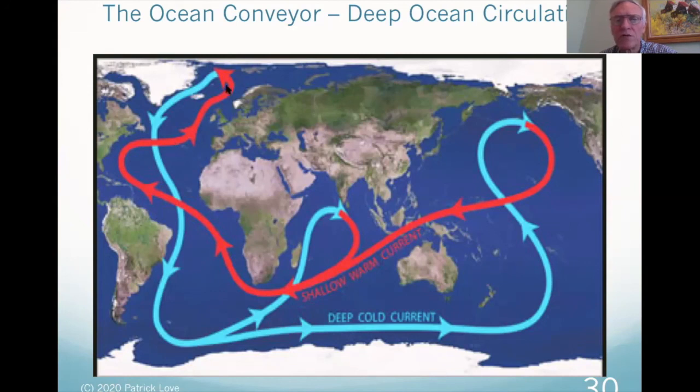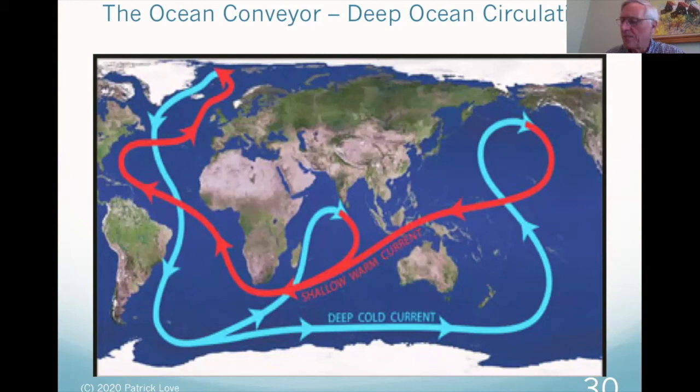And one of the questions, of course, is this depends critically on the density of the water. That's how you get the sinking. The rotation of the Earth causes the currents in the ocean because the rotation causes the Coriolis force to act. But basically, it depends on those two things. That's why it's called thermohaline.